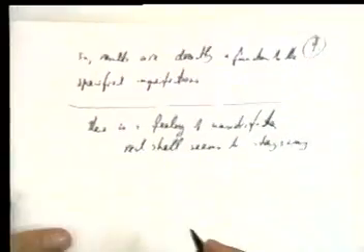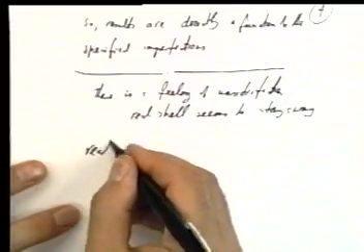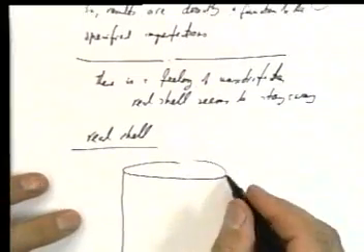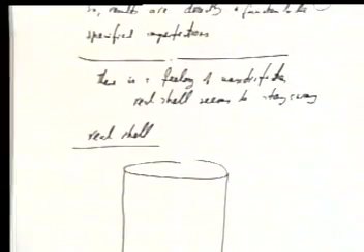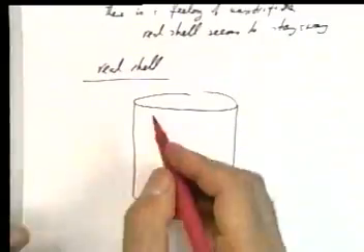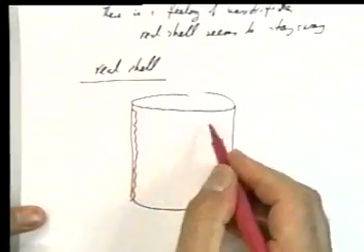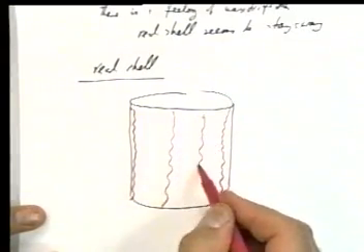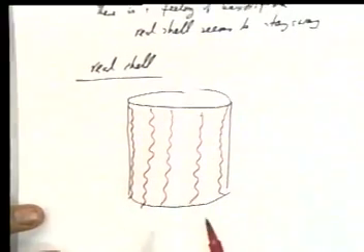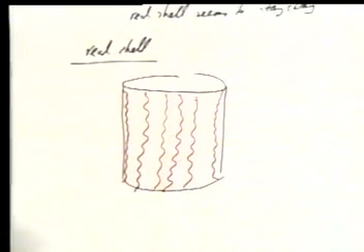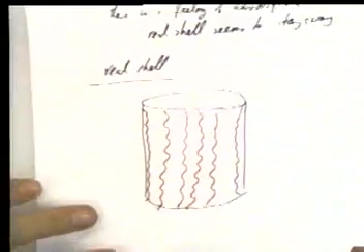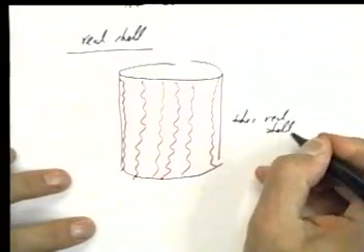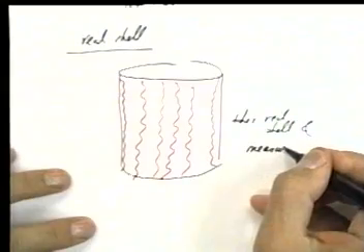I mean, so one can do as follows: reality, real shell. One can take a shell, okay, that is a shape. Take a real shell and measure imperfections.